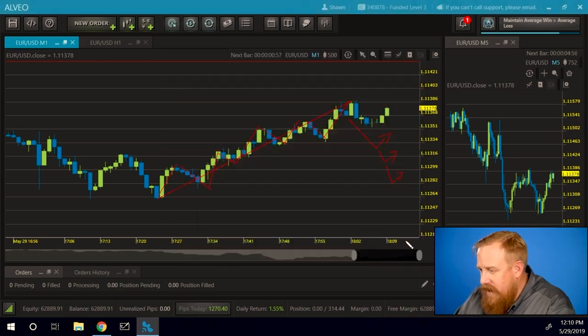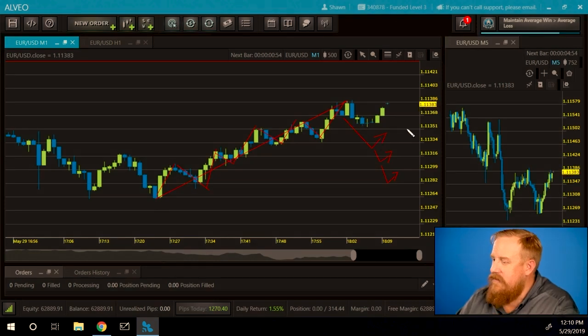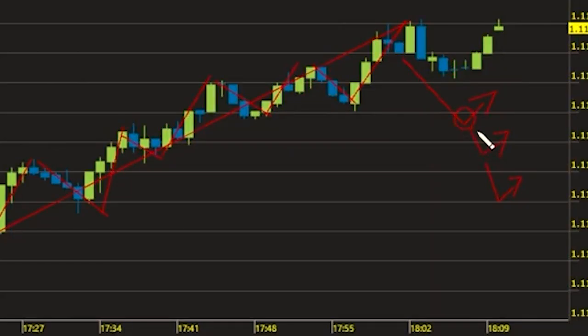We're gonna remove the Fibonacci, and if you'll notice, these are lines that I drew. These are turning points that I drew on the chart before I even applied the Fibonacci to the screen, right? So take note of that. So right here, look at that point, look at that point, and look at that point.